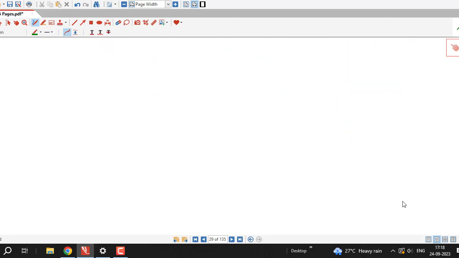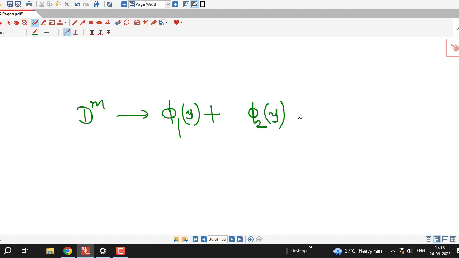So in this way, we have to remember that whenever we have the mth power of D in the product f(D, D dash), then corresponding to D raised to m, the part of the general solution is: we have to write down m arbitrary functions of y, say phi 1, phi 2 up to phi m of y, and we have to multiply up to the (m minus 1)th power of x.